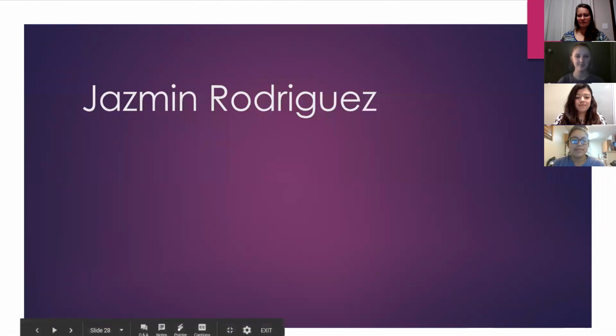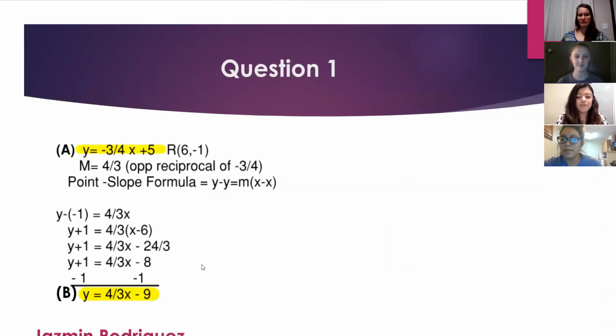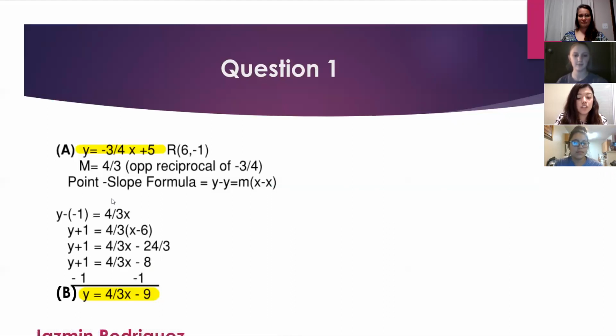Jazmin, how do we determine that the two equations of the lines are perpendicular? Jessica, we are able to determine that they are perpendicular lines by the slopes of the equations. In order for these two equations to be perpendicular, the slopes of the two lines must be opposite reciprocals of each other.